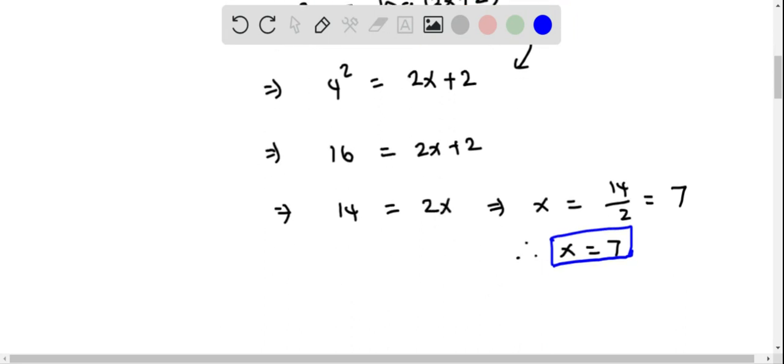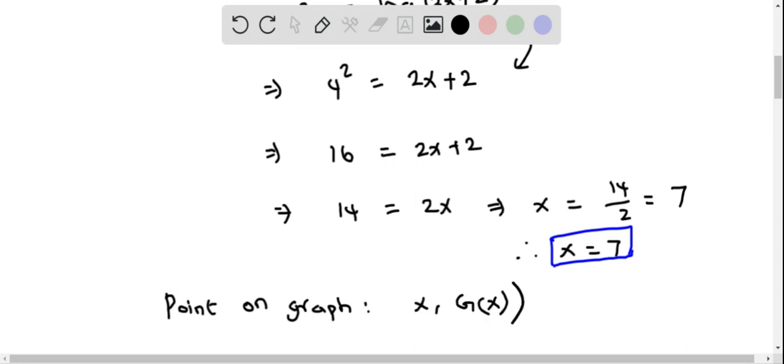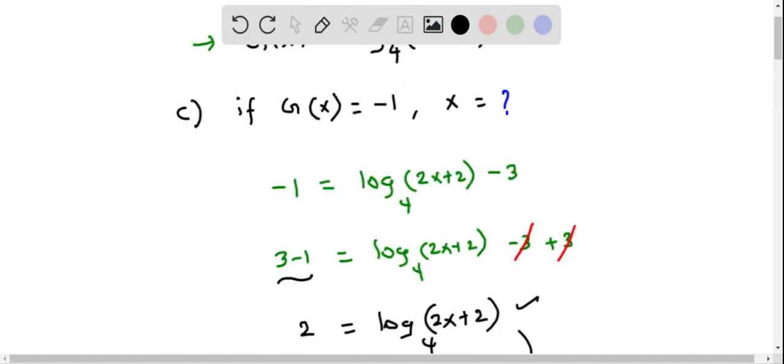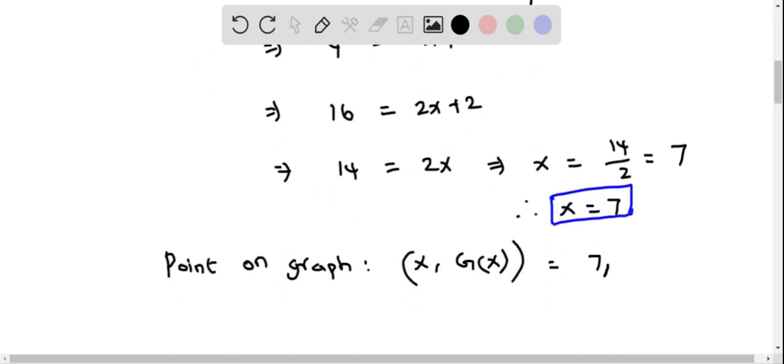And so we write the point on the graph as x comma g of x. And so this equals x is 7 and g of x is given as negative 1. So 7 comma negative 1. This is the point on the graph.